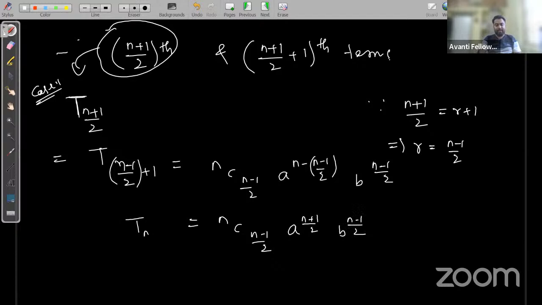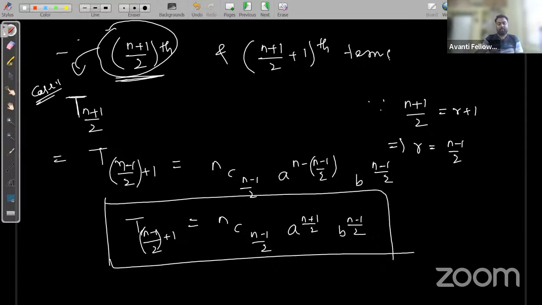So this is my middle term. Now consider the last one, the other middle term. This is the way we can find it.